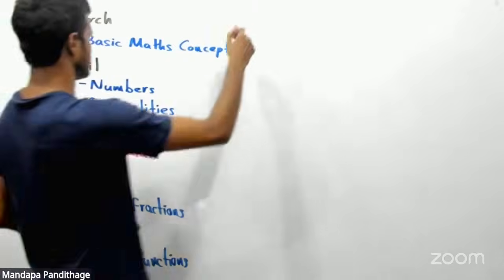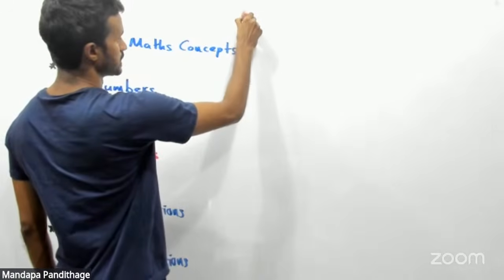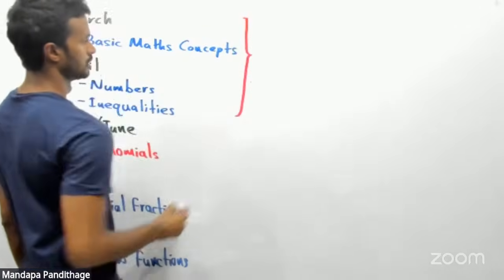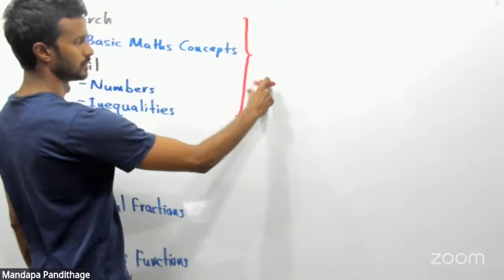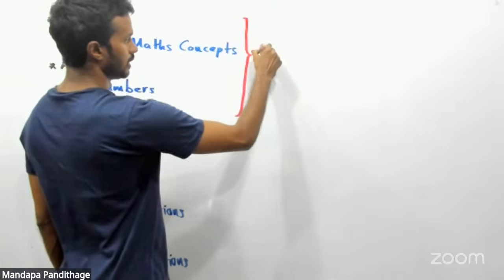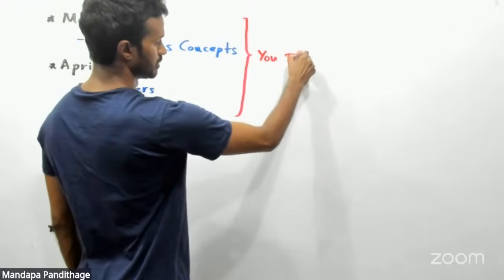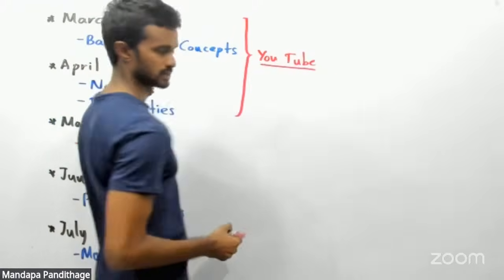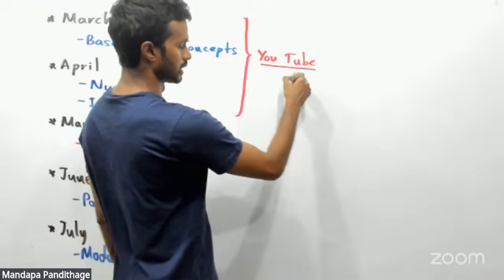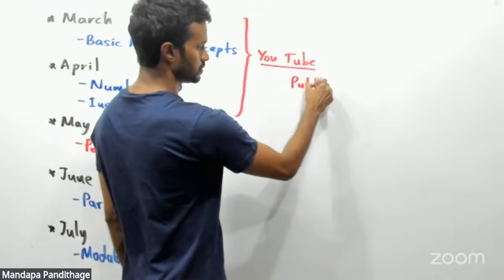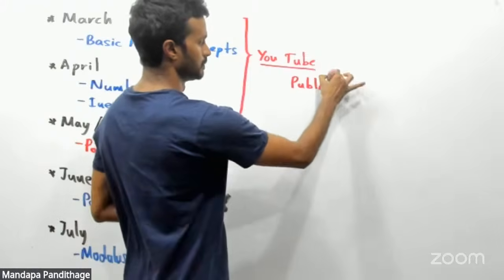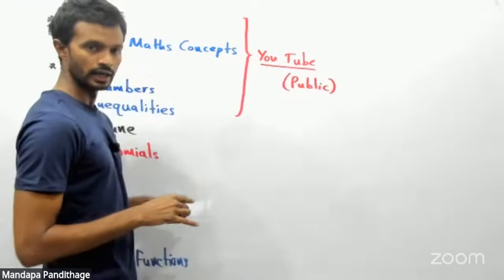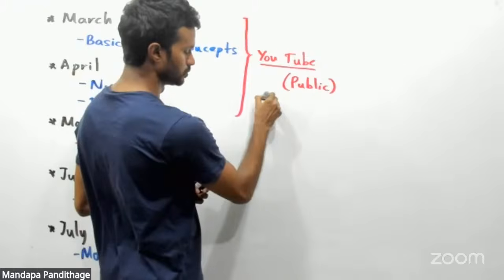The lessons we have done in March and April are available on YouTube. We have published them as public videos, not unlisted ones, so anyone can access them. We have also uploaded them to the group.